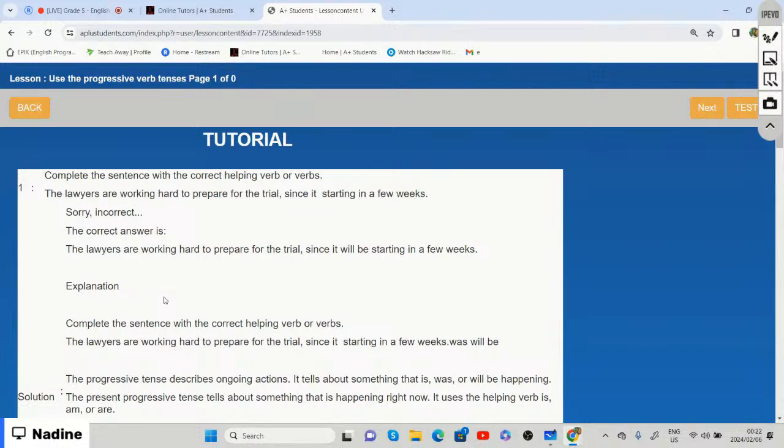All right. So when it comes to, let's say, if we look at an activity, we need to complete the sentence with the correct helping verb or helping verbs.